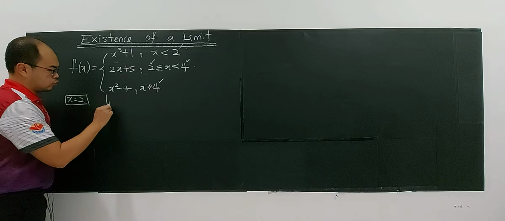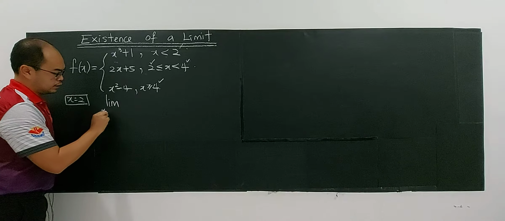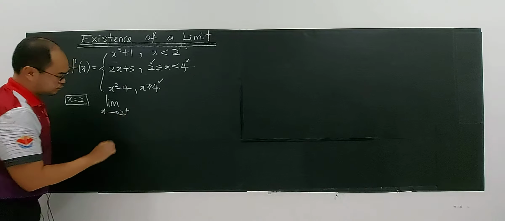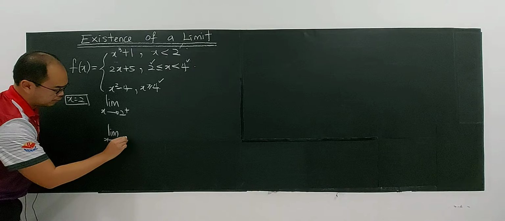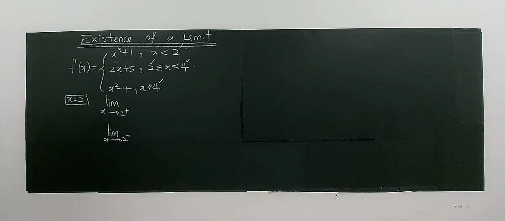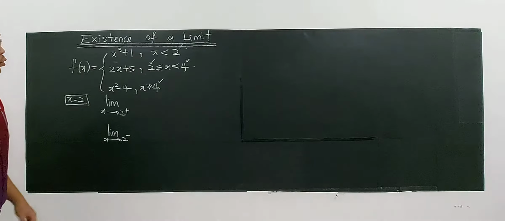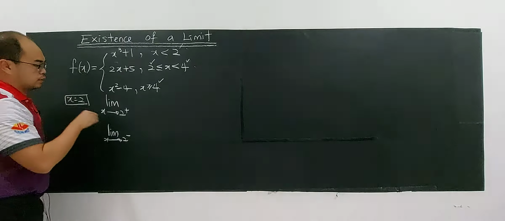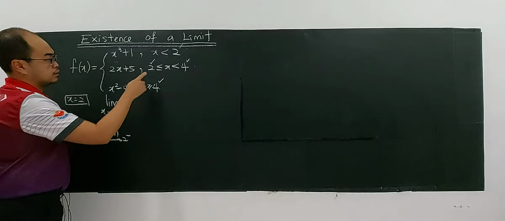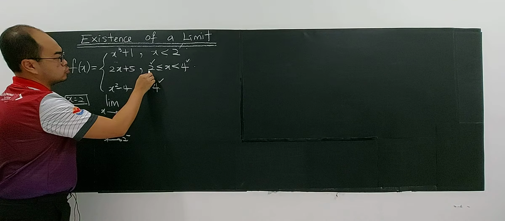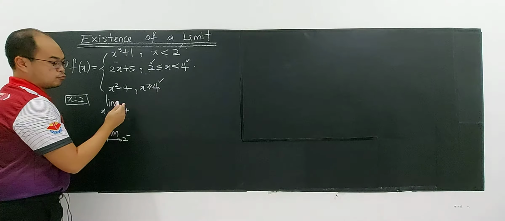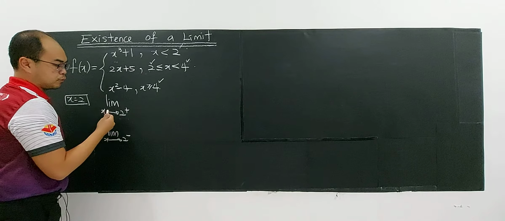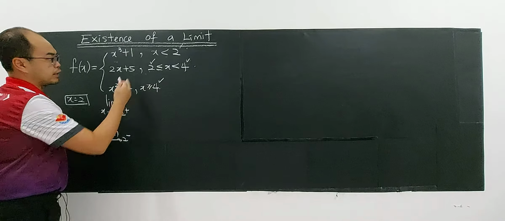So we have to determine the right hand limit and the left hand limit before we decide whether the limit exists at x equals 2. To the right, 2 plus, x is greater than 2, a number greater than 2.